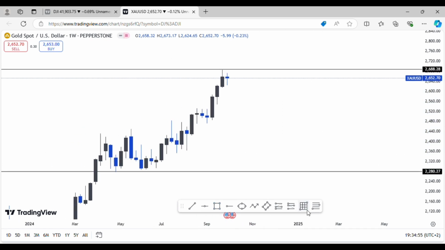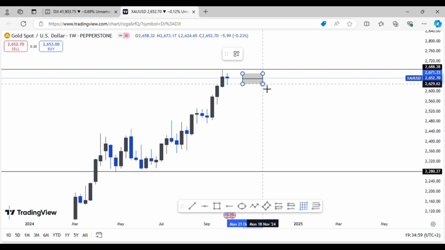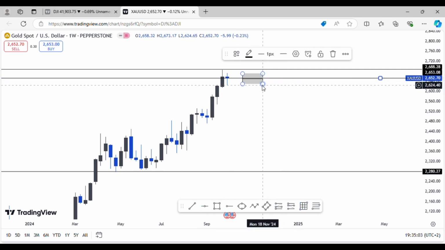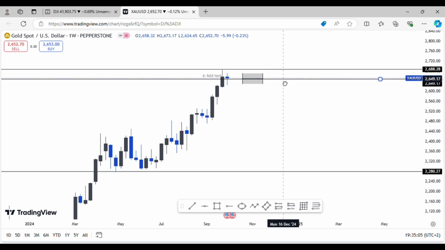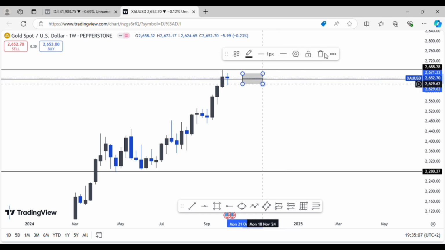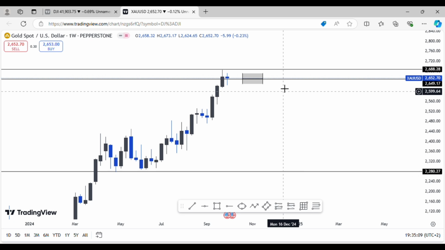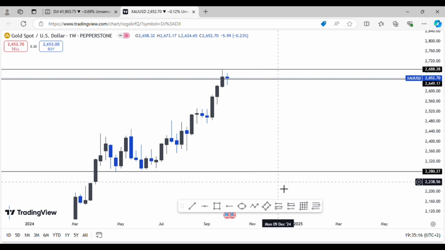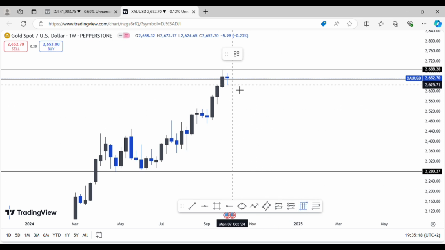I'll still be using my special tool to find my zones that act as my resistance and support. Let me just fix that there. Exactly. So I'll just continue using my zones that act as my support and resistance. And also I'll be identifying another zone to guide me.